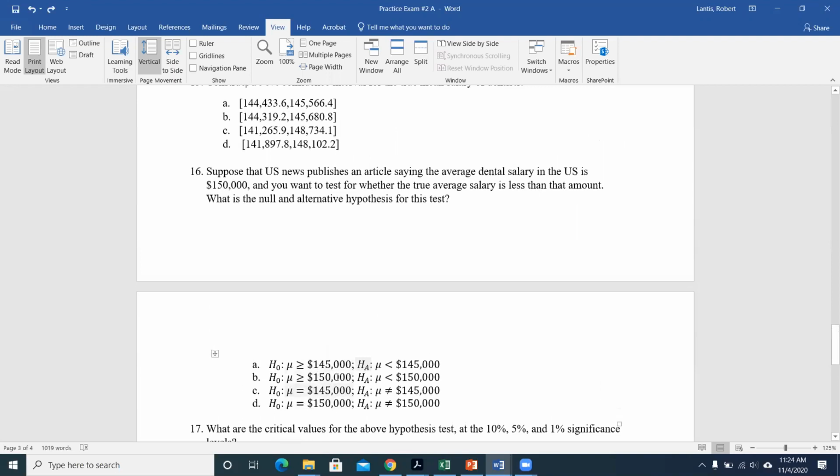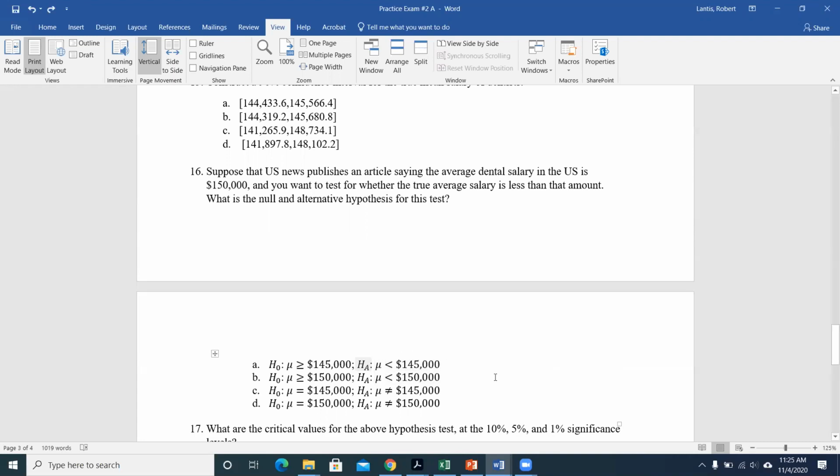The value there comes from some value you want to check: is the true population mean different than this? Is it greater than this amount? Is it less than this amount? Then based off your sample mean, you can reject or fail to reject that value. So our null is that it's greater than or equal to 150,000, and our alternative is that it's less than. Okay. Is that clear why that is? Are there any questions on how we identify the null and alternative?